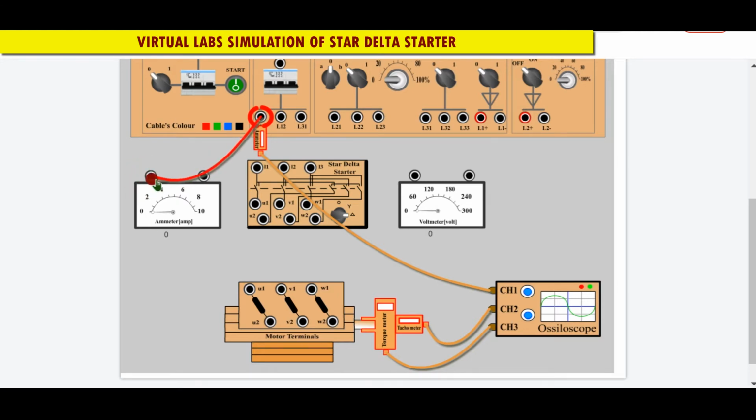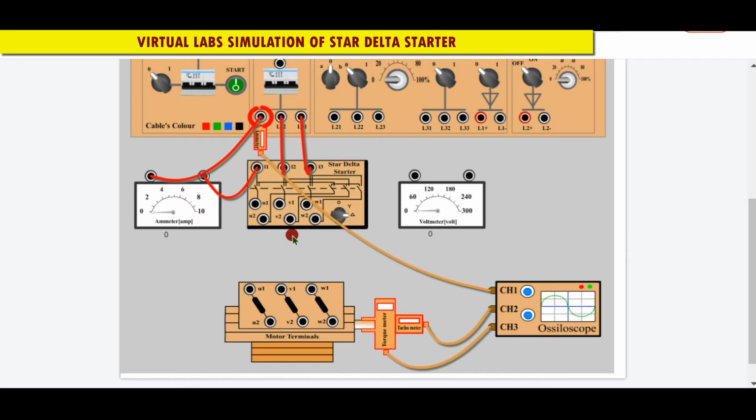This is the second phase, so connect L12 to I2, and the third phase L31 to I3.